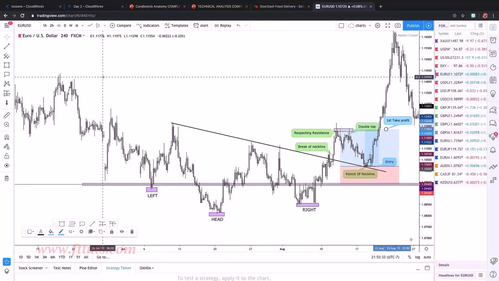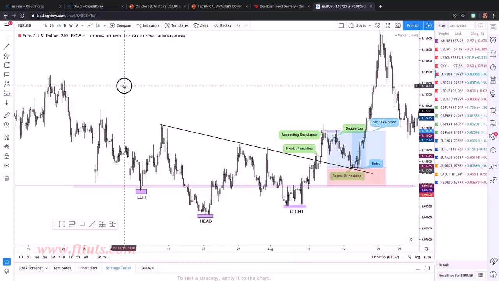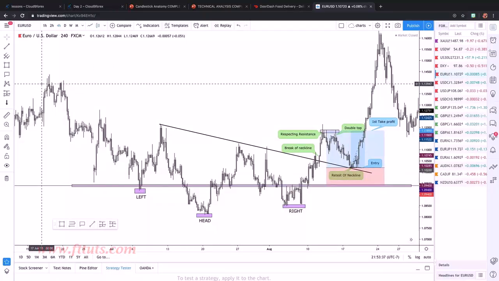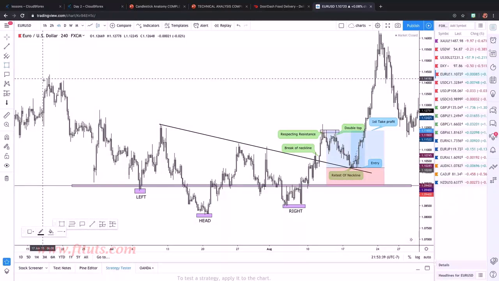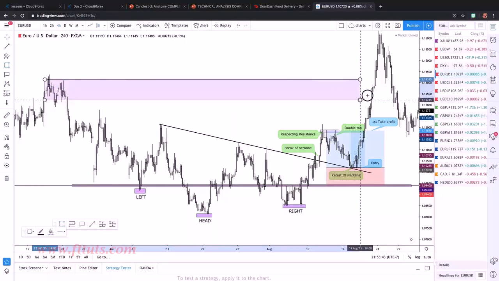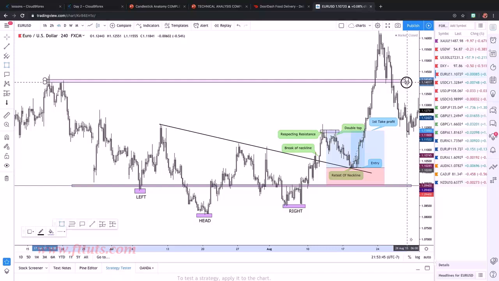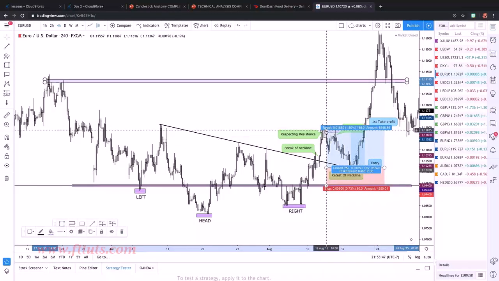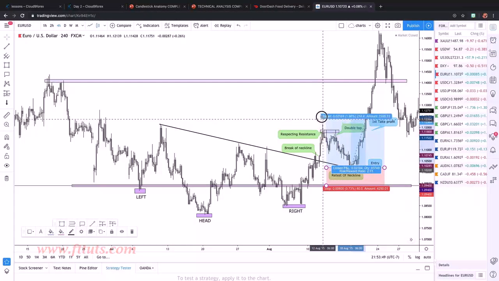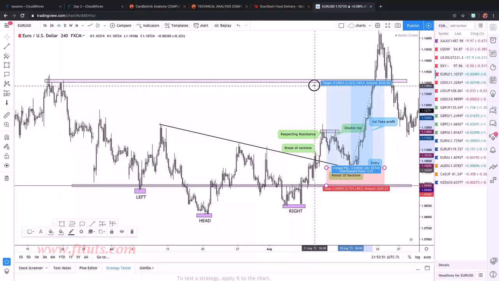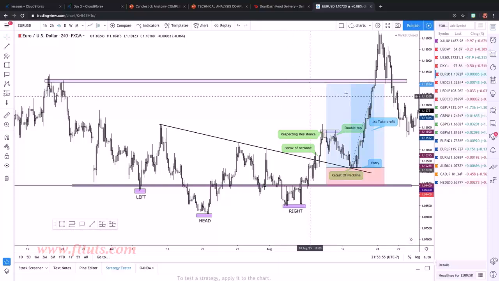And then what we're going to do is identify the next resistance level. So always look left. Not too far back, but like I said, a month or two ahead. And then our next target would be up in that area.